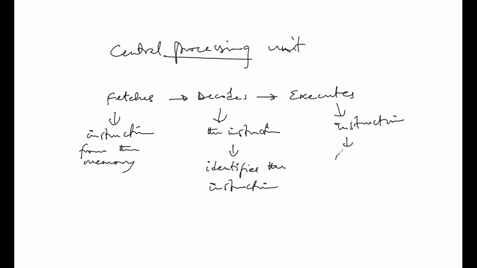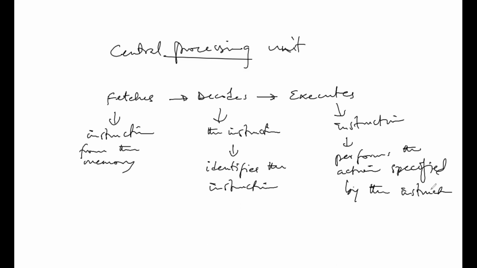That is, it performs the action specified by the instruction. So this process is usually referred to as the execution cycle of the CPU, which is the fetch, decode, execute, okay?